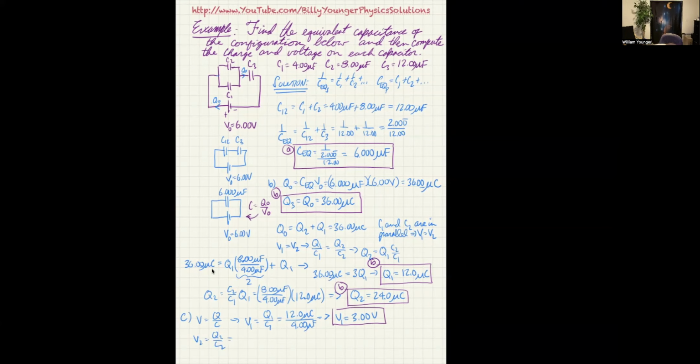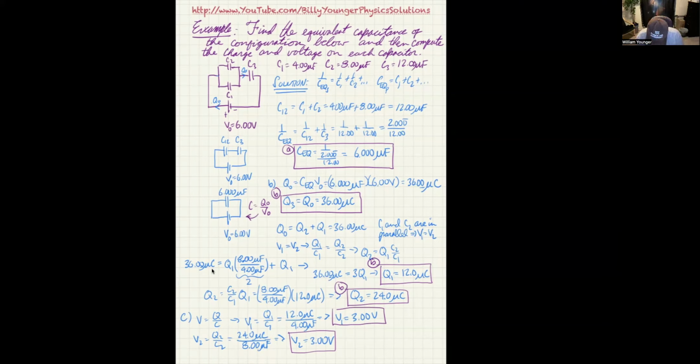Q2 we found was 24.0 microcoulombs, and C2 was 8.00 microfarads, and 24 divided by 8 is in fact V2 equals 3.00 volts. So that confirms that V1 and V2 are exactly the same because C1 and C2 were in parallel.